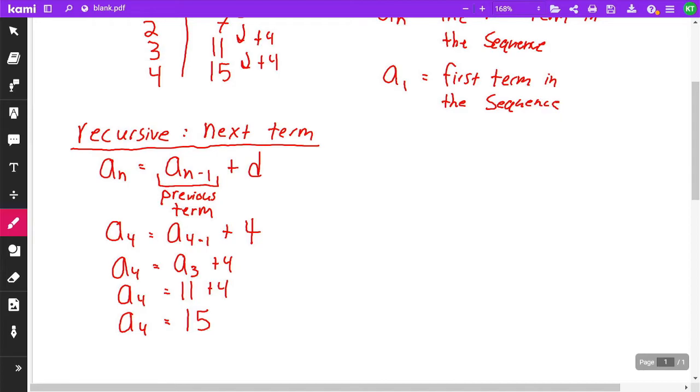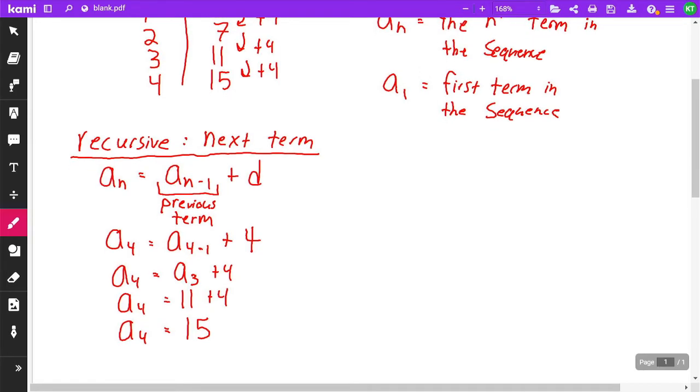So again, that's only useful really for telling us what the next term is. And so to help us find any term, we would use an explicit formula. So our explicit, again, this is going to tell us any term. So let's say we want to find the 100th term, the 200th term, the 50th term, the 17th term.